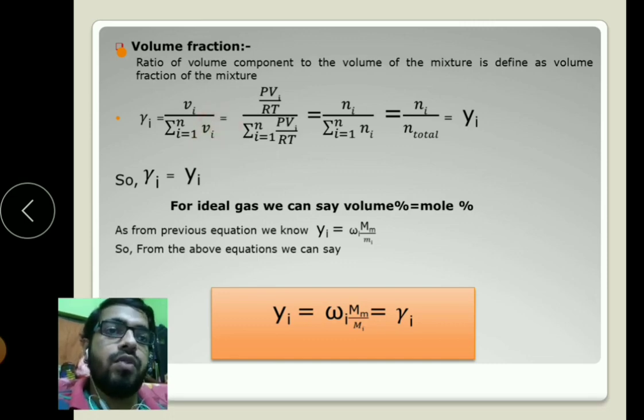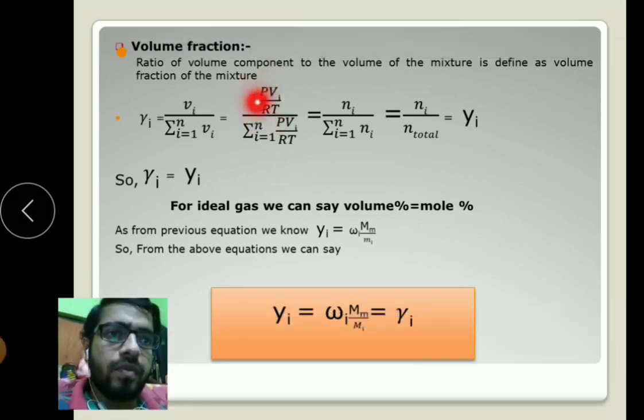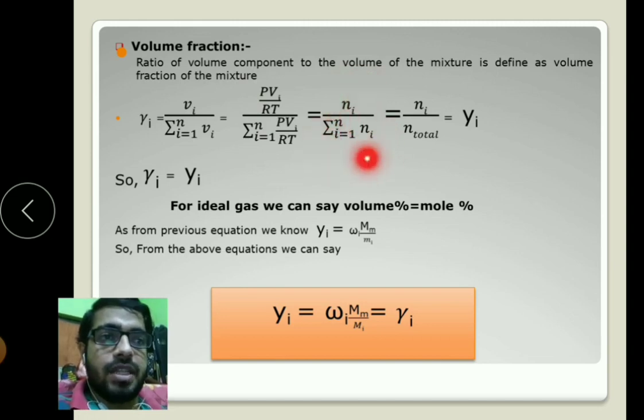What are we doing? We are multiplying both top and bottom with P by RT. So PV by RT is equal to N. So N by summation of N equals N by N total equals yi. So from here we got a formula, volume fraction is equal to mole fraction.